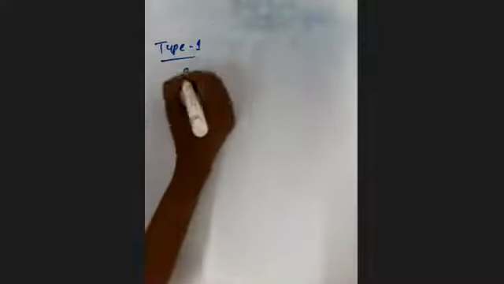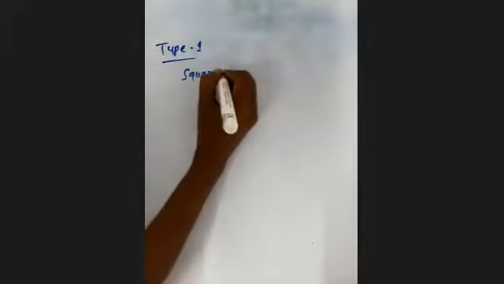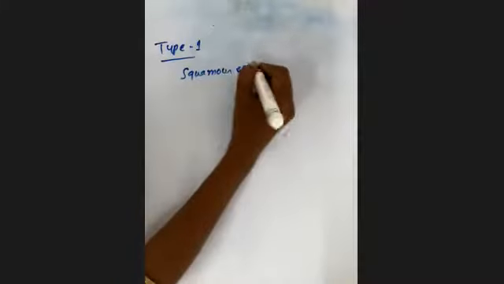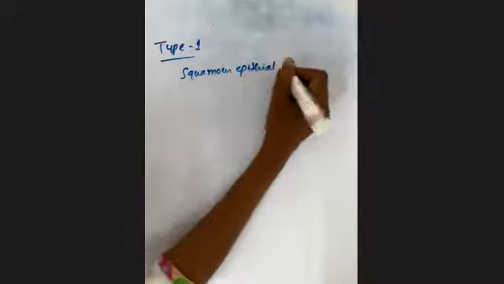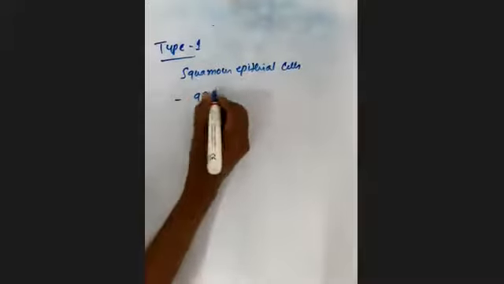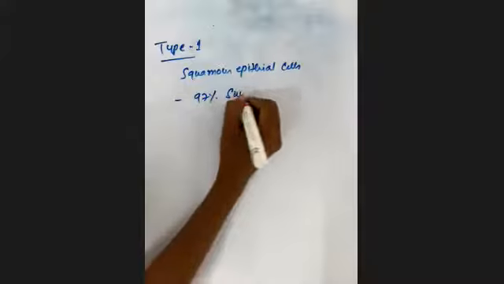These are made up of squamous epithelial cells, which constitute 97% of the alveolar surface area.